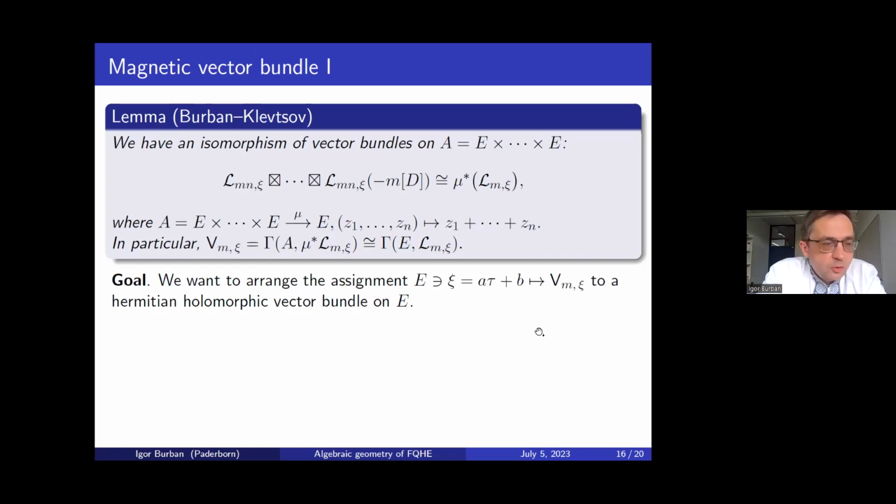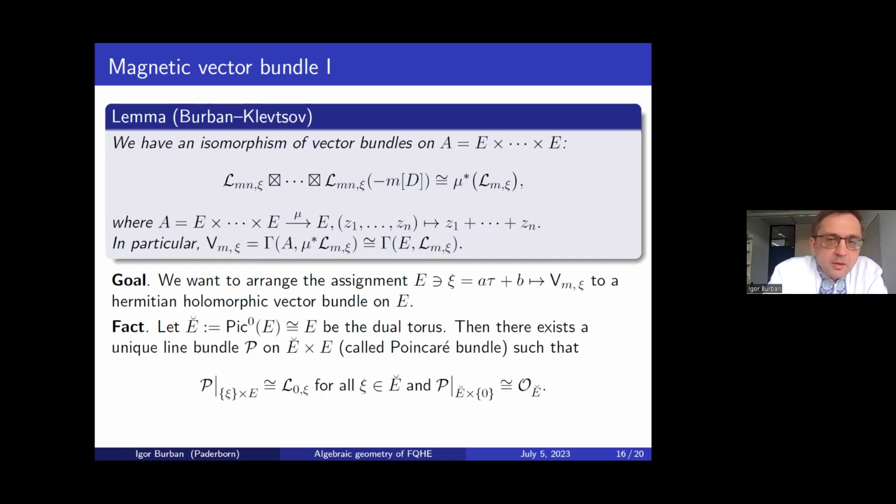We want to make from it a vector bundle. And well, on the physical level, it's feasible, so what is going on, but mathematically, one has to work harder. And the construction is provided by introducing the so-called Poincare line bundle.